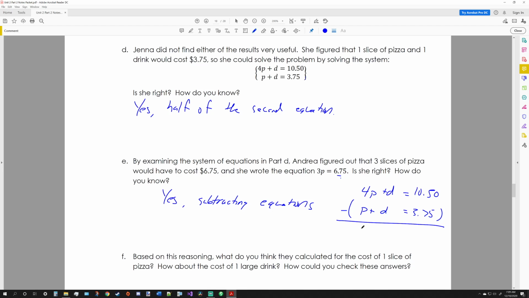We get 3p, d minus d, that's gone, there's nothing there, that's 0, and then this is 675, and so that's how we end up with this equation there.